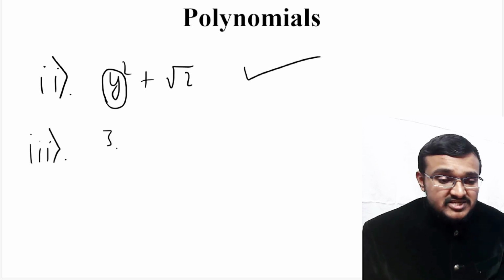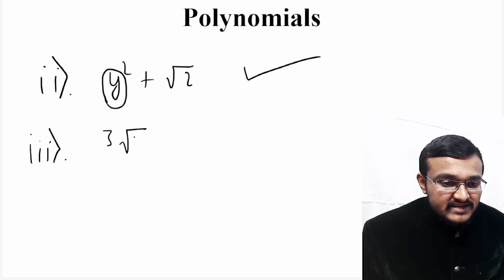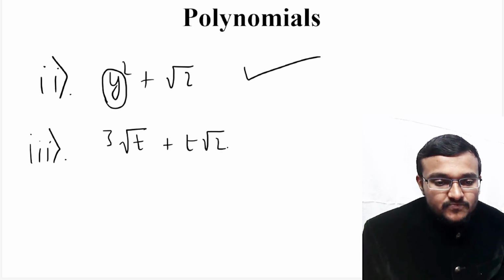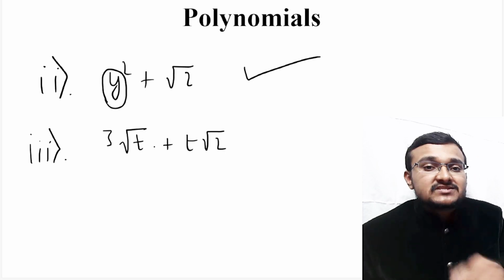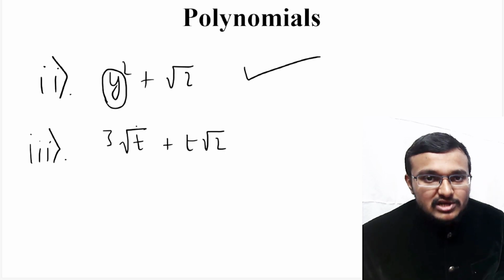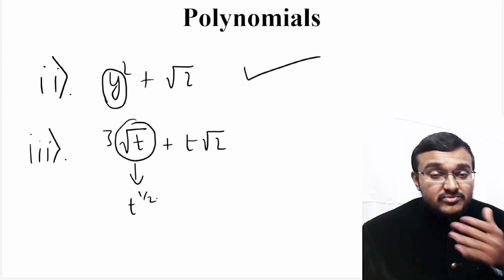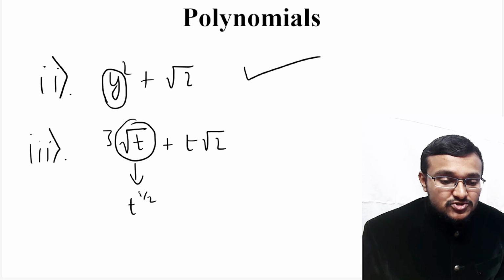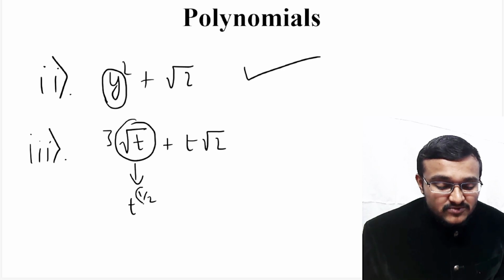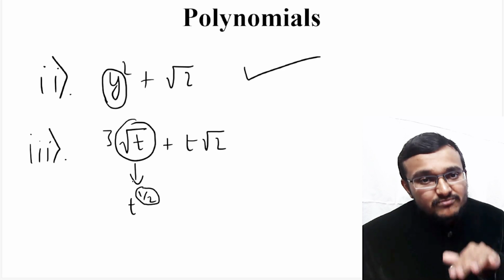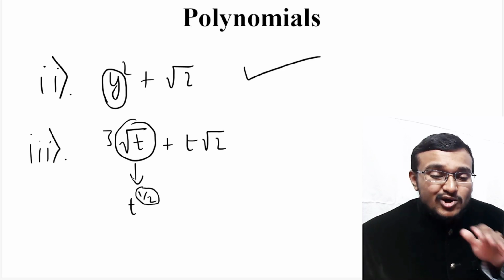Coming to the third expression in this first question, here you have 3 root t plus t root 2. Here this particular expression is not at all a polynomial, because root t is nothing but t power 1 by 2. So in the power position of this t you have 1 by 2, which is not a positive integer, which is not a whole number.